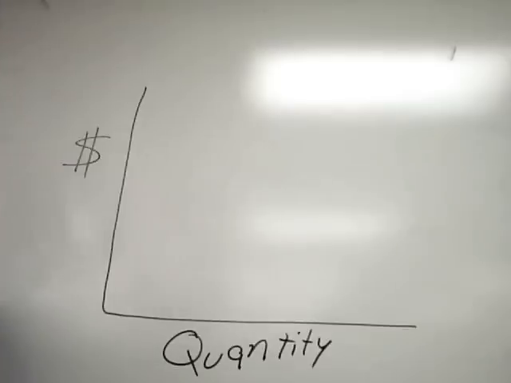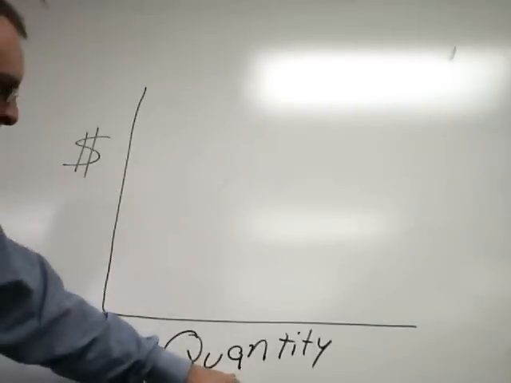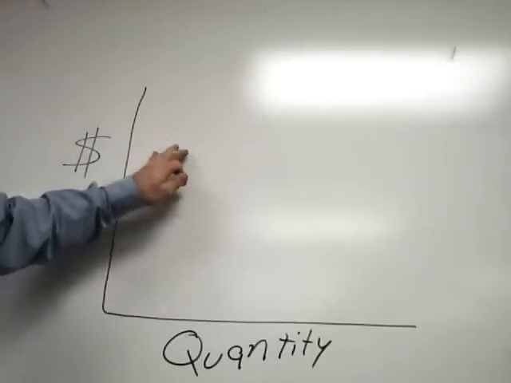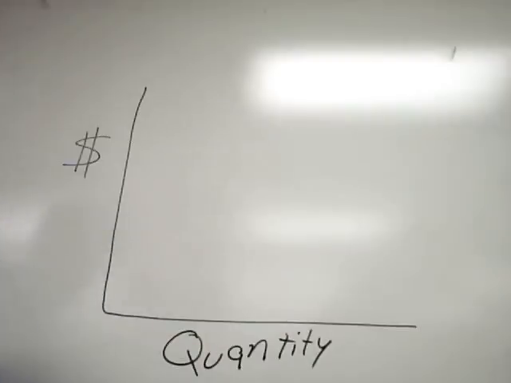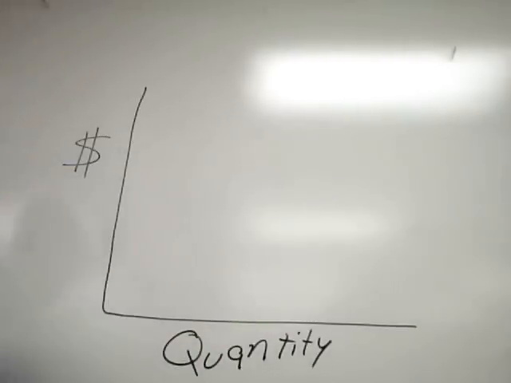The first thing we'll draw on here is demand. You see that price is on this axis, quantity is on this axis. So the question is, do demand curves slope down or do they slope up? Well, think about it for a minute.